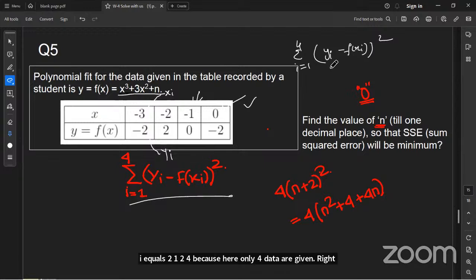You have the output and input data, and you need to check the sum squared error. It means just the square of this difference.